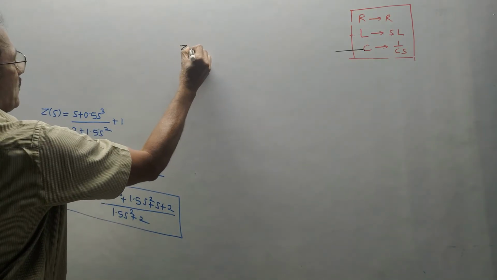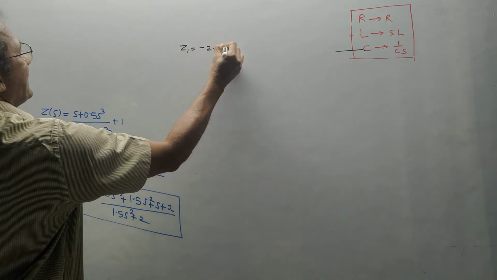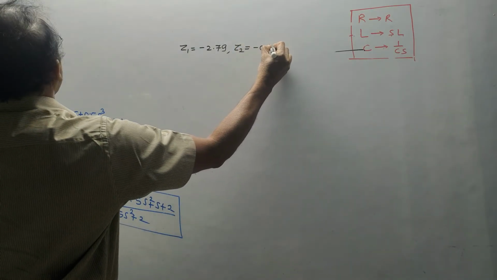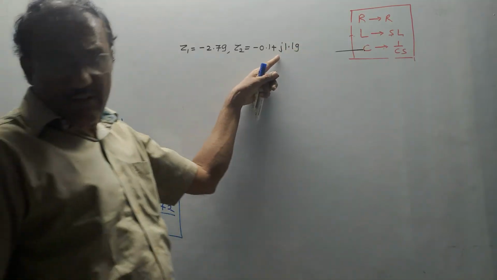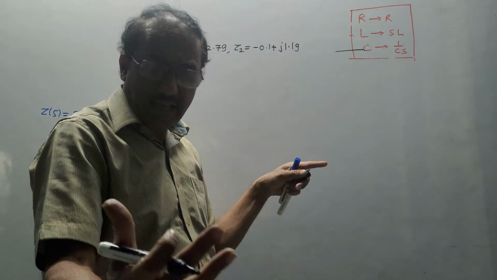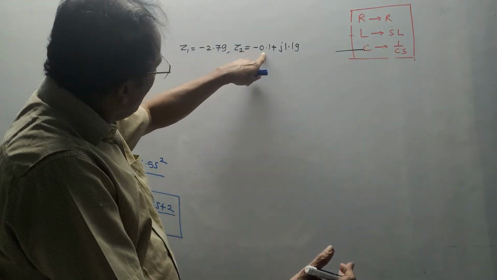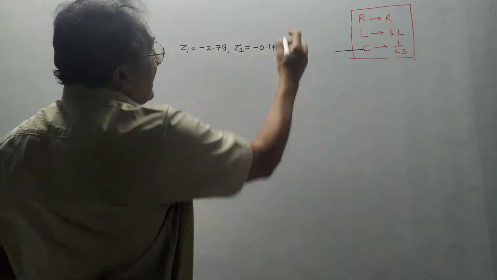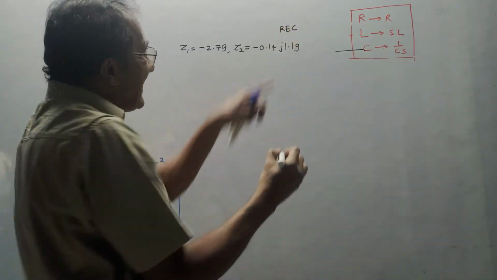These zeros, roots of the numerator, are denoted by Z1, that is first zero is minus 2.79, second value Z2 is minus 0.1 plus J 1.19. In the calculator, I gets displayed. One very important thing, if you have an older version of the calculator, while calculating Z2, only minus 0.1 is displayed. Directly this value will not be displayed, but on the top right corner of the calculator you will see this notation REC.